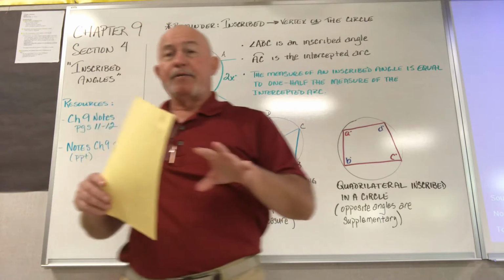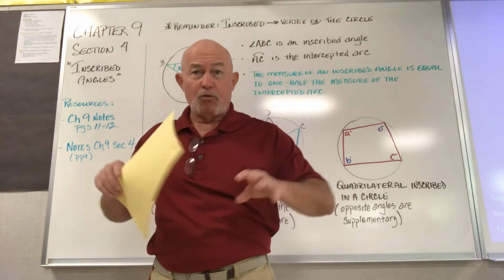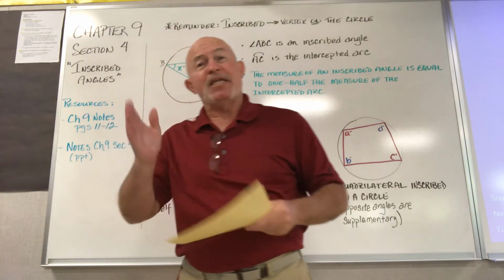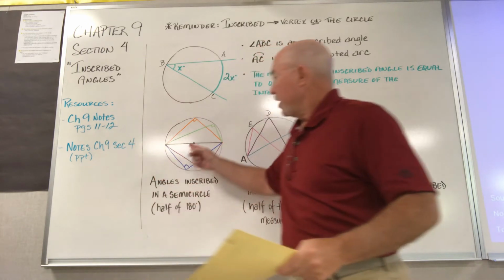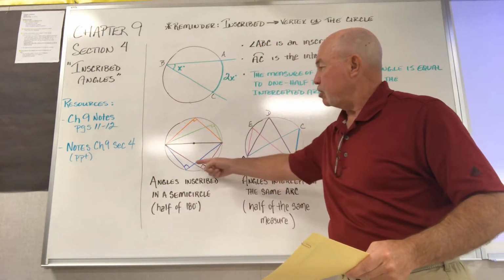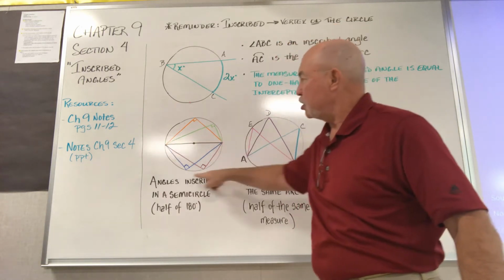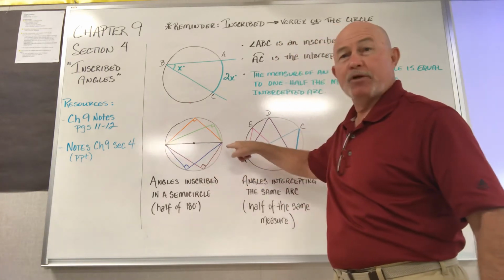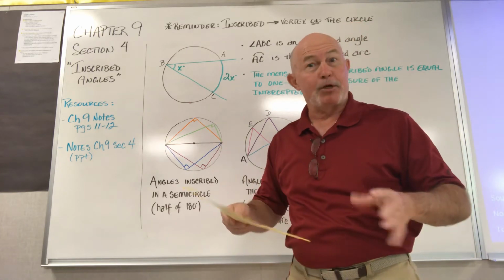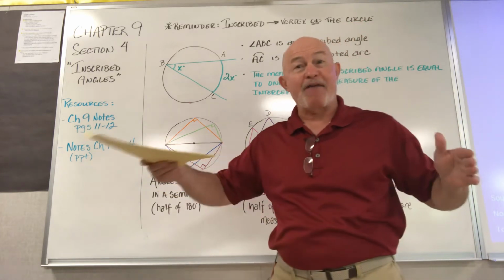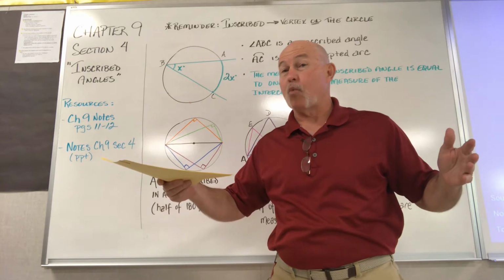That's the only formula for today, but it takes several different forms. If you have an angle that is inscribed and intercepts the endpoints of a diameter, remember, a diameter is half a circle, which is 180.